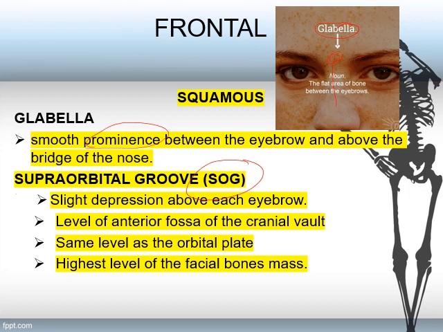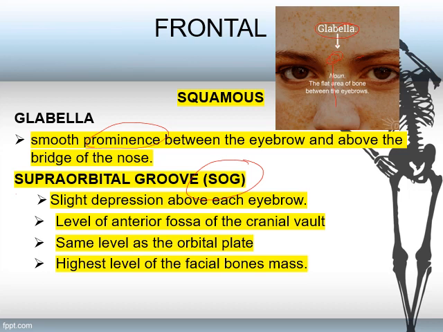Pag yung prominence is naka-protrude, depression naman is parang shallow. Basta, pag prominence, naka-usli, naka-protrude, medyo bumubukol siya. Yung depression naman is parang, yung curve niya is paloob.